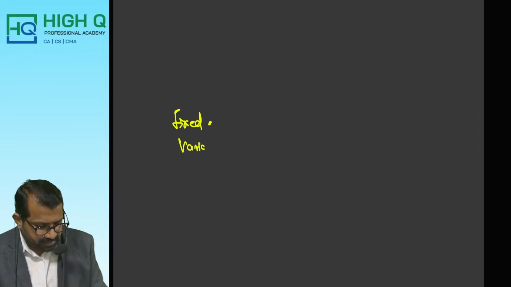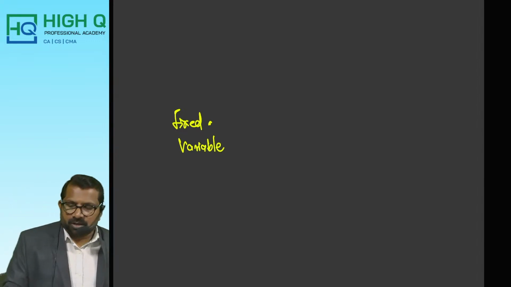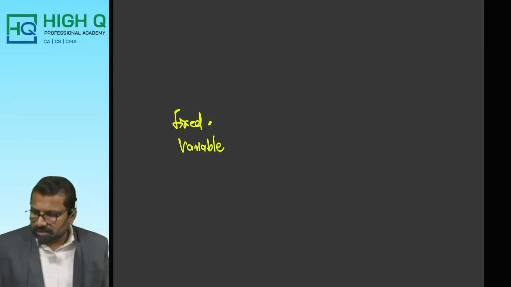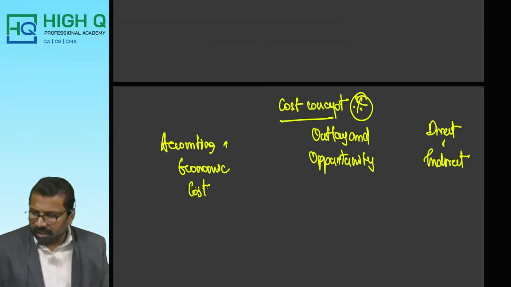Fixed and variable cost. So these are the major costs. First one is accounting and economic cost.